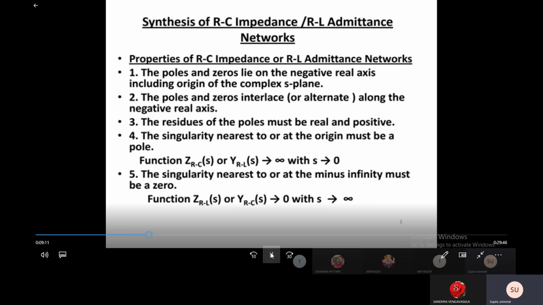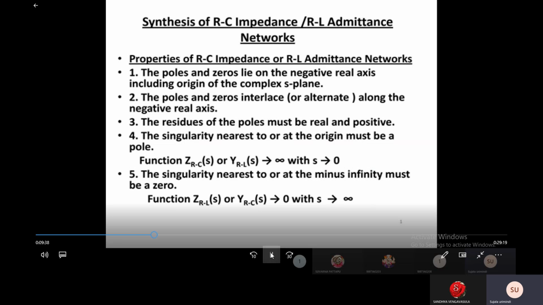The poles and zeros lie on the negative real axis, including the origin of the complex S plane. That means there is no positive real axis and no imaginary terms also. Only negative real terms are there.